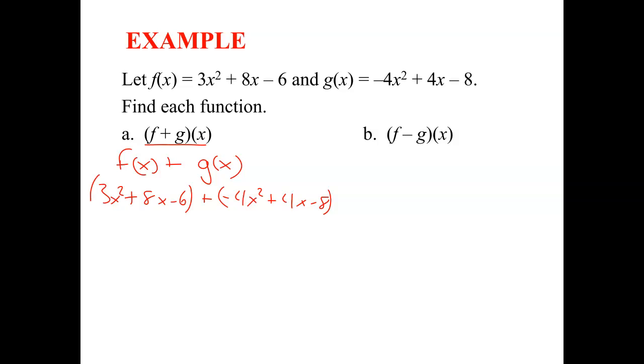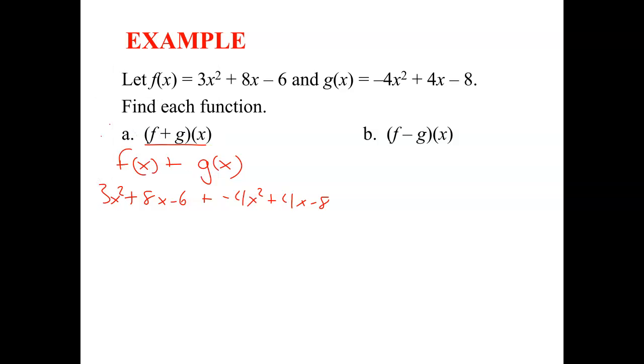No. What if I was doing subtraction? Yes. So you got to be very careful when you have that subtraction. When we do part B, you're going to have to distribute it. But here, since it's addition, I can just drop those parentheses. I don't need them for the addition. And then combining like terms. Give me some of my like terms.